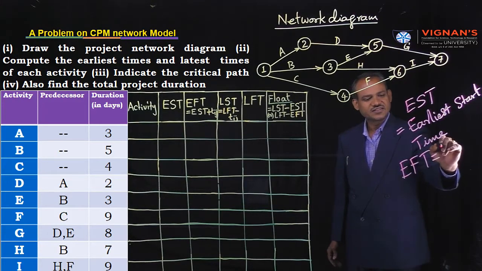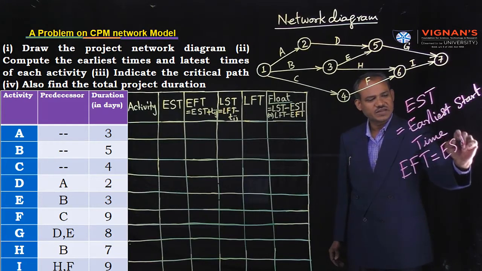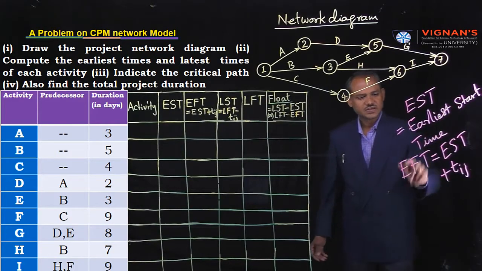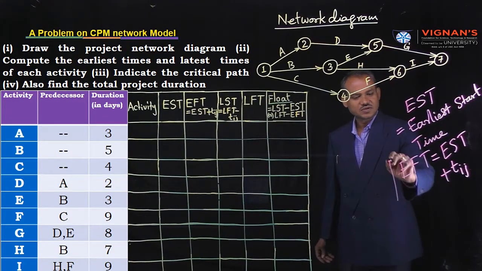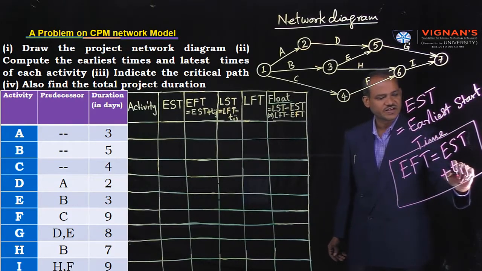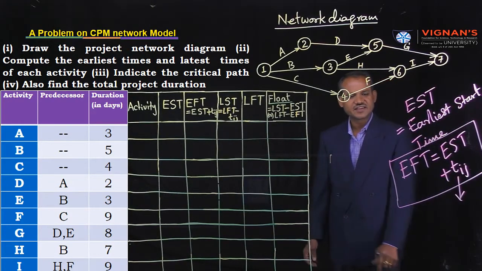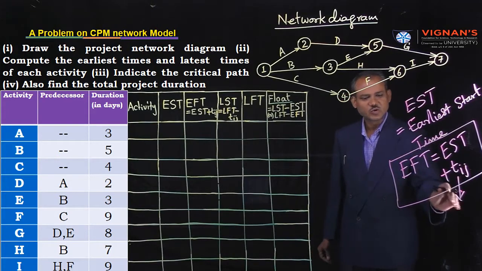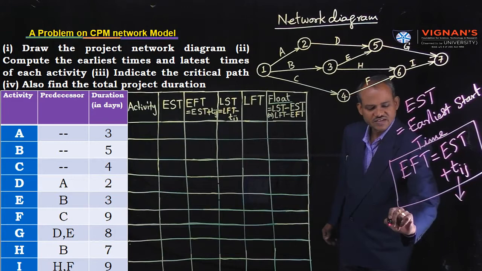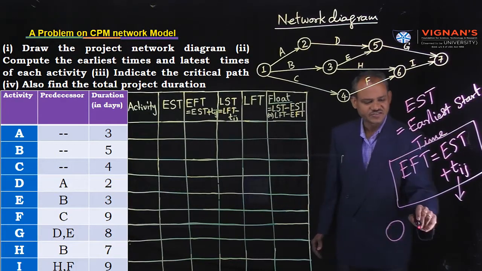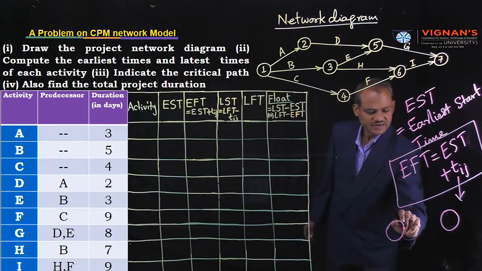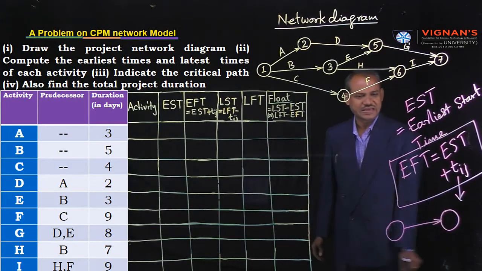EFT is equal to EST plus TIJ, where TIJ is equal to the duration of each activity. We have already discussed in the CPM network that an activity is represented by an arrow.